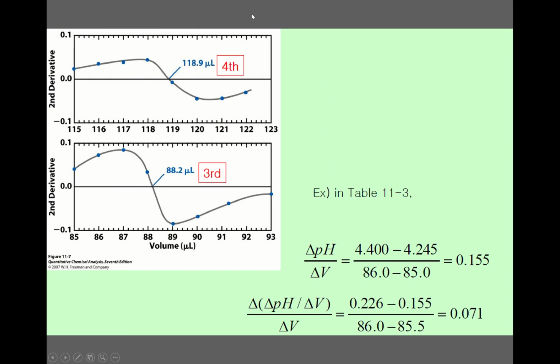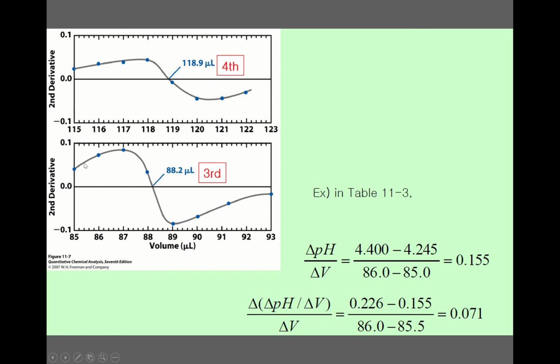Now this is the second derivative. The x-axis is the added volume of NaOH, and these blue dots are the second derivative values. They have positive values and negative values.